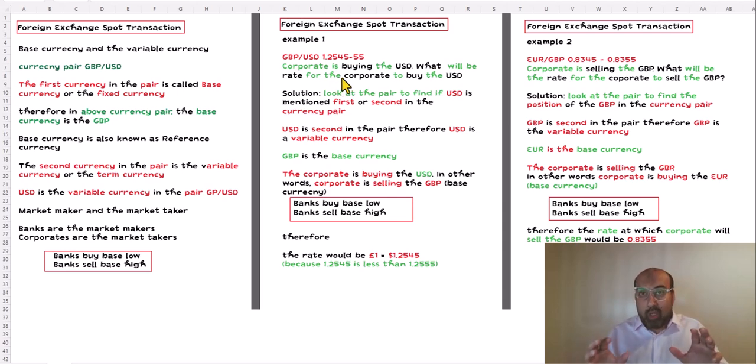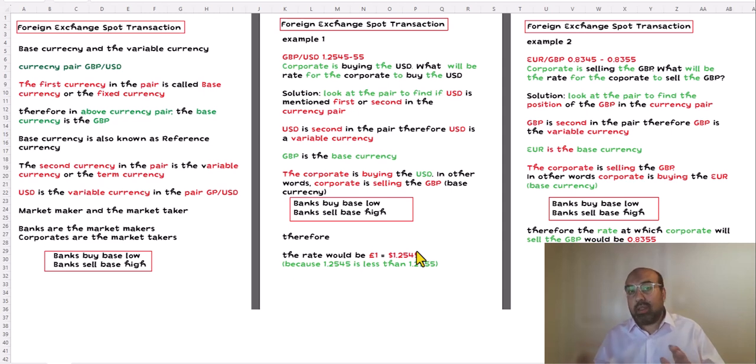In order to buy US dollar, corporate is selling sterling GBP, and because GBP is a base currency and the bank as a market maker buys base currency low, the spot rate that we are going to use in our FX spot transaction would be 1.2545, which means that for one sterling we will get 1.2545. This is how we calculate FX spot rate.